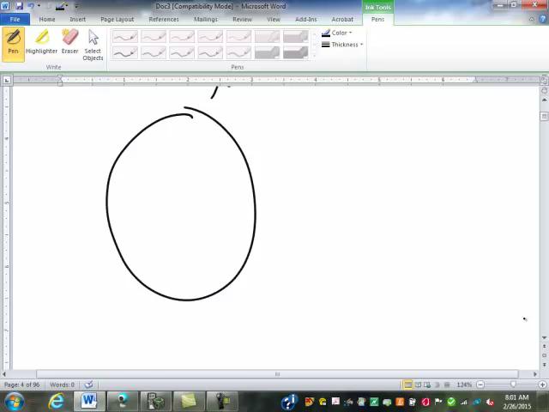So anyway, if we have a circle, we've talked about the diameter of a circle, but we're going to talk about something called a reference diameter. The reference diameter of a circle is literally the horizontal diameter.